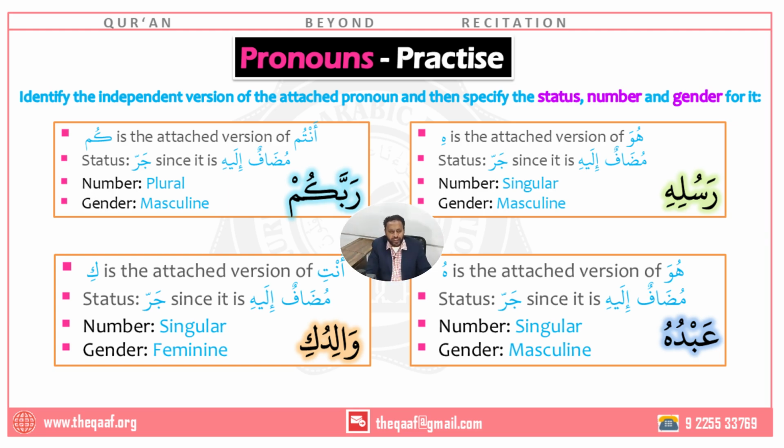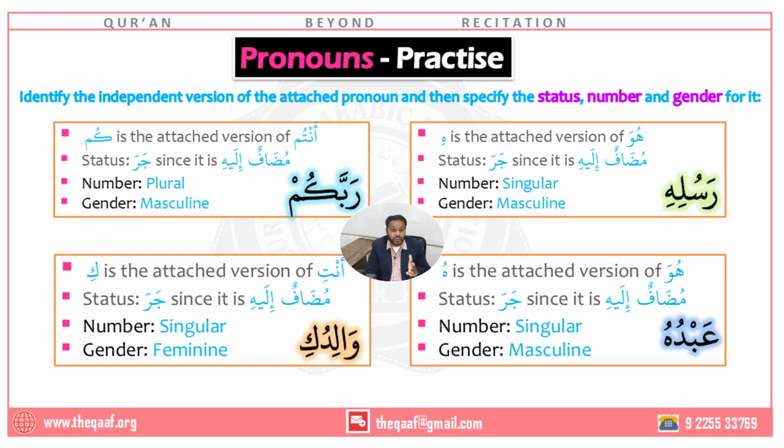What is the status of he? Masculine. Status, not gender, status. Singular. First make it clear what is status, what is number, what is gender. Status means rafa, nasb, jar. Number means singular, dual, plural. Gender means masculine, feminine.